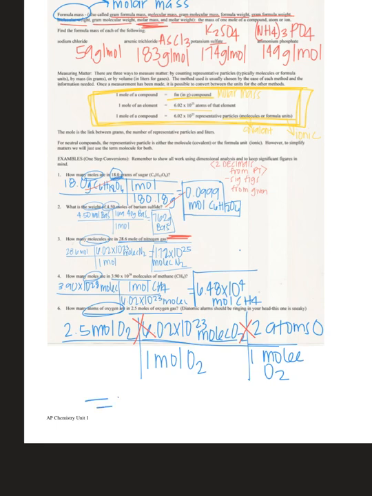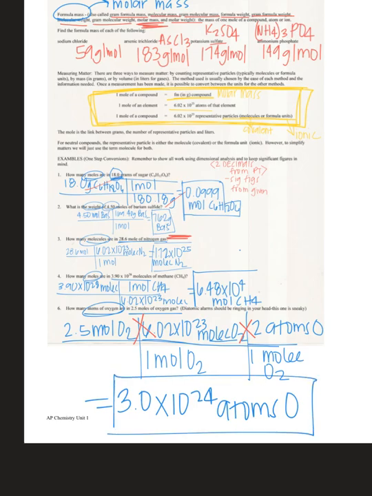That gives me 3.0 times 10 to the 24th atoms of O. Not too bad. Kind of getting the cobwebs off.